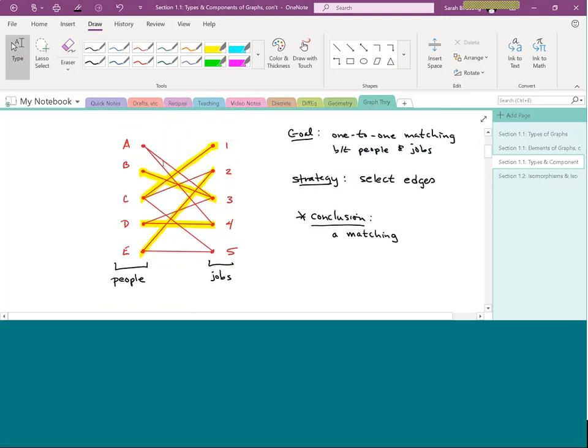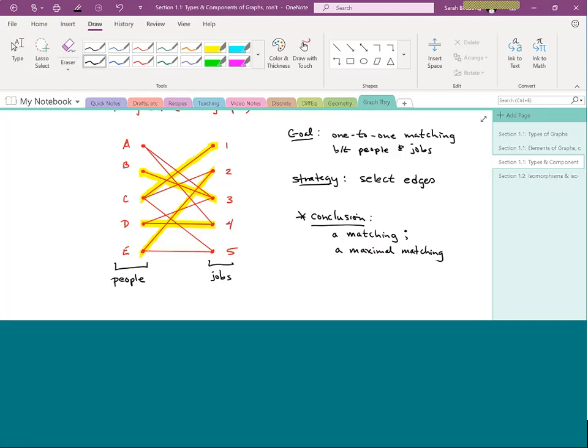For this one, we put in all of these edges, and we cannot add any extra edges to our matching. So this is known as a maximal matching. Why? No more edges can be added.